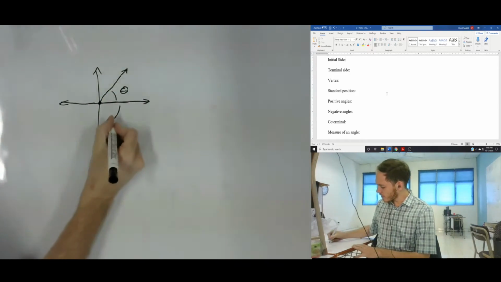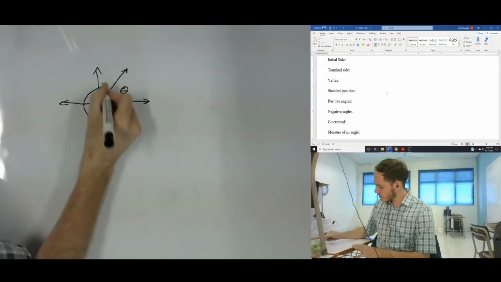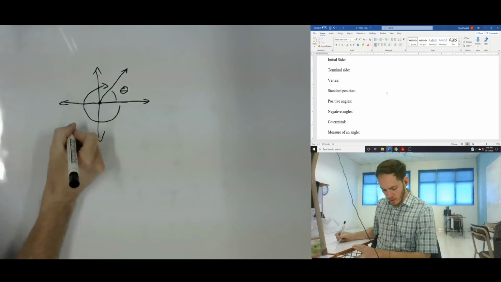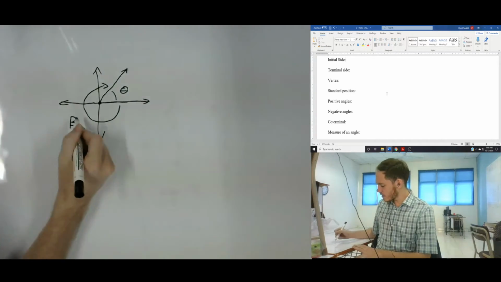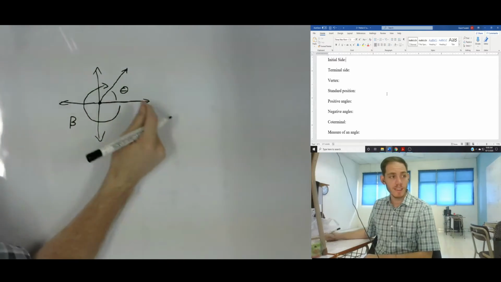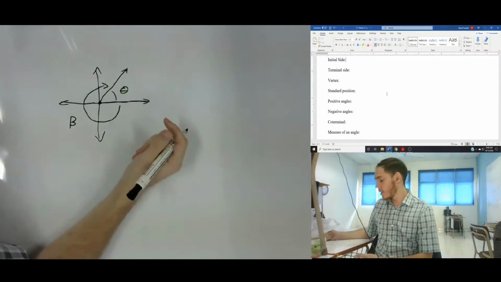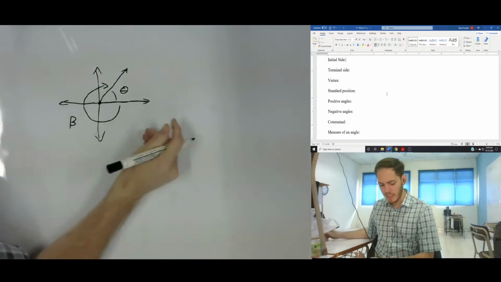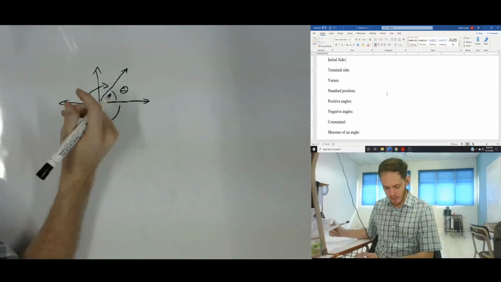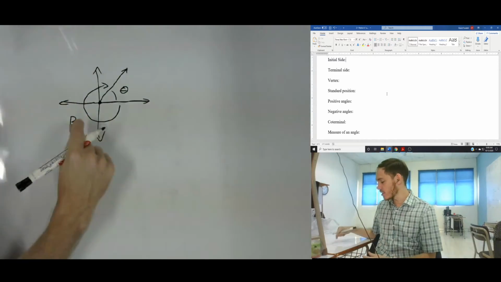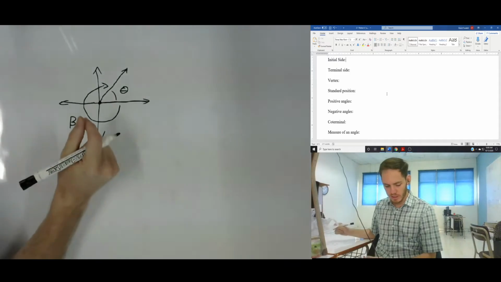If we rotate around clockwise to get to the same thing, let's say this is beta. This beta is coterminal with theta. What does that mean? That means they share the same initial and the same terminal side. For all our trig functions, they are equivalent.